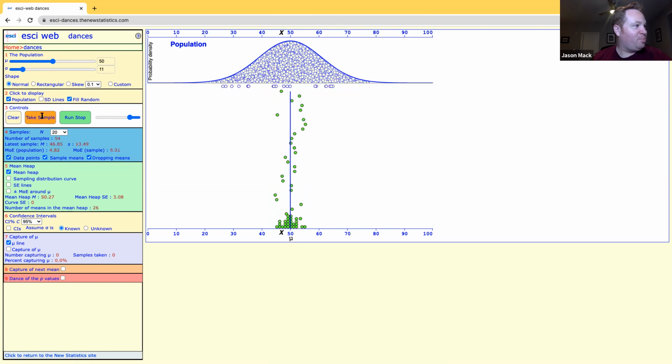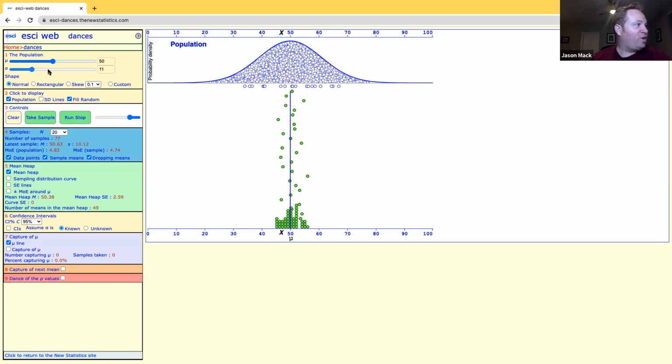So the green is the sample mean from the population. And as you can see, as we do this here, it stays very, very close. So the sample mean is generally pretty close to the population mean.